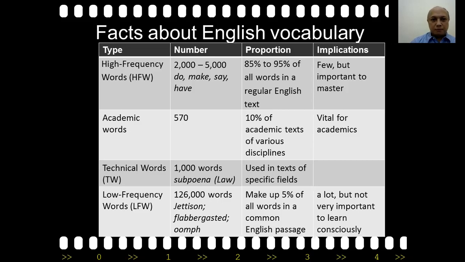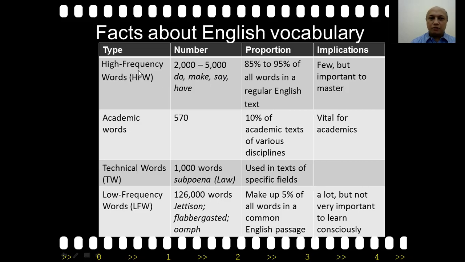So let's see here, you have high frequency words. High frequency words, there are 2,000 up to 5,000 words in English, which fall into this category. This is a word like do, make, say, have. I believe that all of you have known the meaning of these words, right?